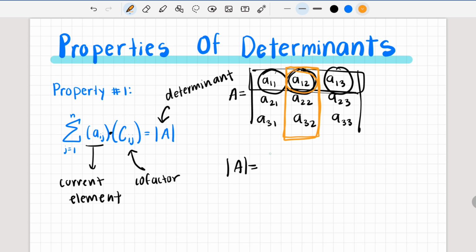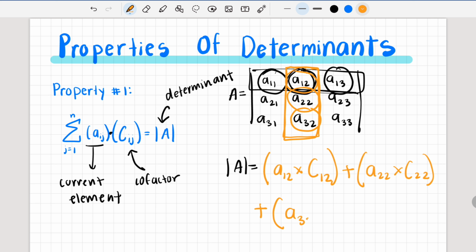So this is saying A12 times the cofactor of that element, plus the second term in that column, A22 times the cofactor of that element, plus, and the final element is A32 times the cofactor of that element. And that will give you your determinant for that matrix.